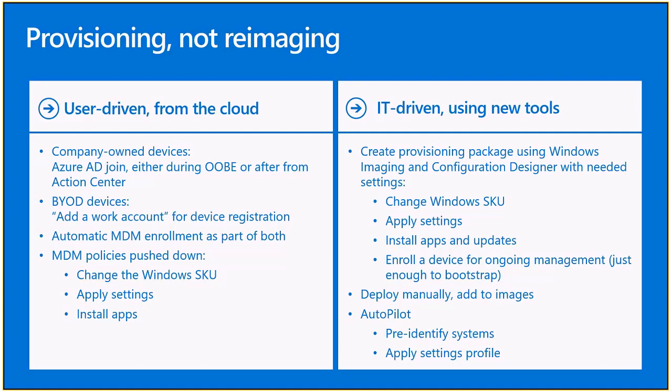These provisioning packages can be sent manually, or they can be actually added to images. There are PowerShell commandlets that are available where you can apply those provisioning packages on the fly. You can literally email these provisioning packages to a user and tell them to just execute it.